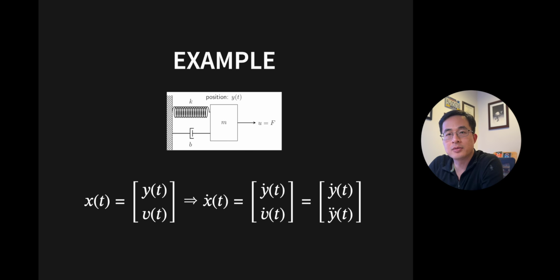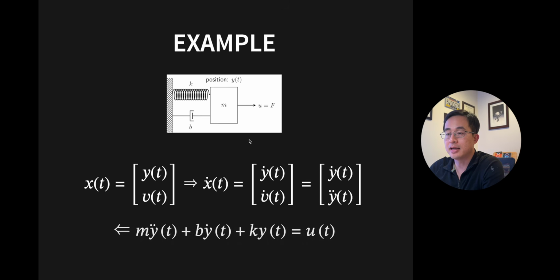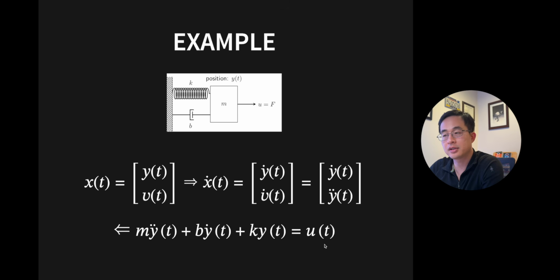From physics, we know that the motion of the spring mass damper system can be fully described by this second order ordinary differential equation, where the acceleration or double derivative of y, which is the second element in the derivative of x over here, can be expressed as a function of y dot and y and u.